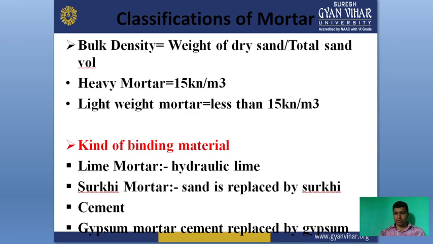Cement is added to lime mortar to increase the strength of lime mortar. The process of adding cement into lime mortar is termed gauging. The gauging process is useful to improve the quality of lime mortar and to achieve early strength.